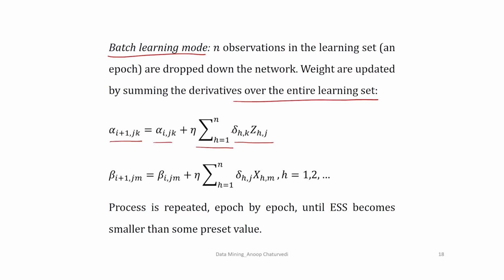So we take the summation of derivatives over all the observations, and beta i plus 1 jm is equal to beta i jm plus eta summation over h of delta hj x hm, for all h equal to 1 to n. This process is repeated epoch by epoch until ESS becomes smaller than some preset value. So we iterate this process epoch by epoch.